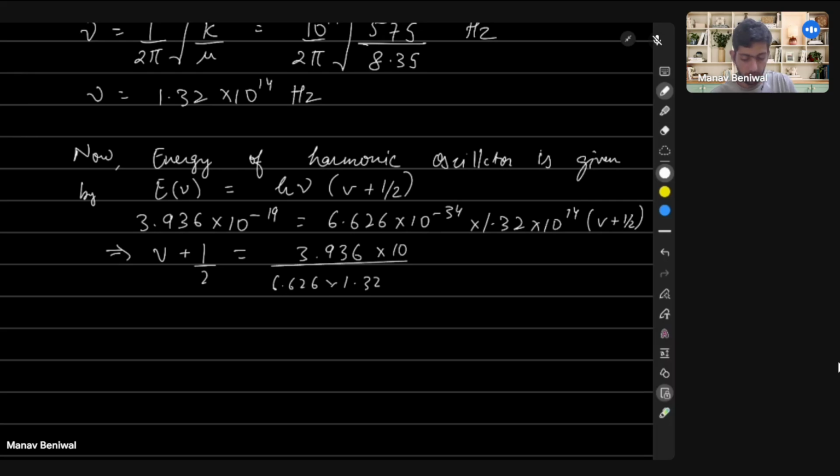So this comes out to be 4.5, and we can write V as 4.5 minus half. So this gives us V as 4. The required vibrational quantum number is 4, which is option B.